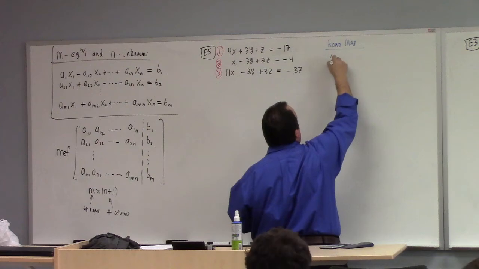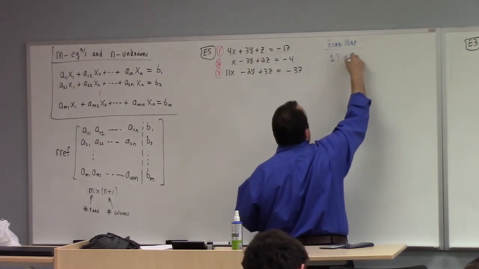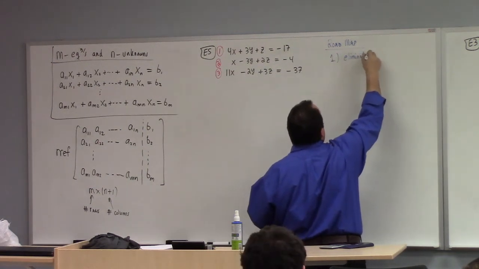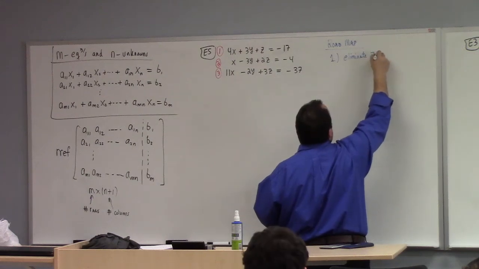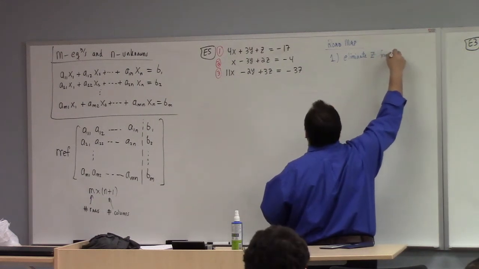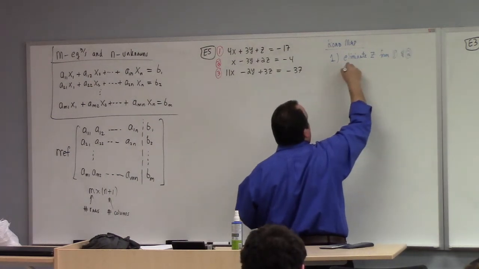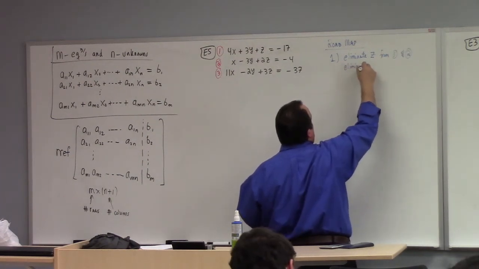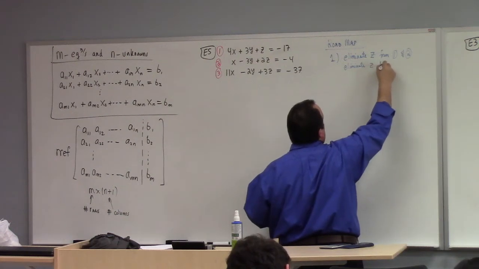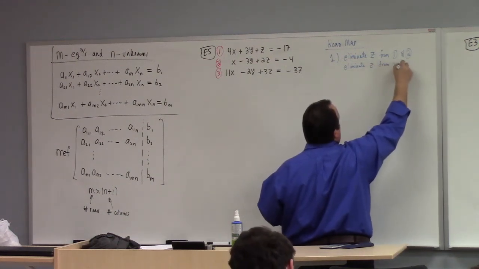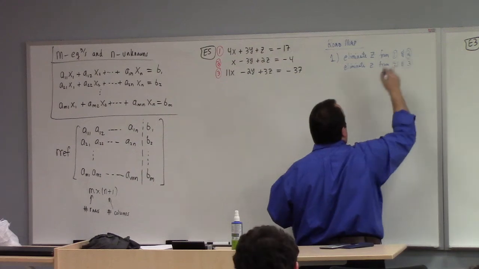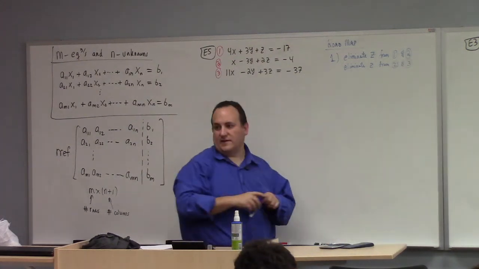Number 1, eliminate z from 1 and 2. Eliminate z from 2 and 3. All right? So that's one thing we can do.